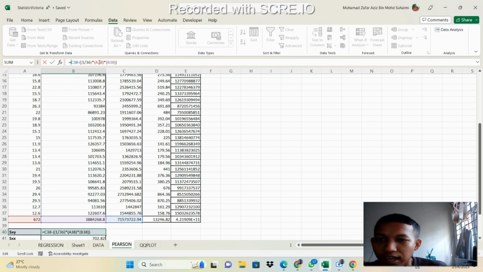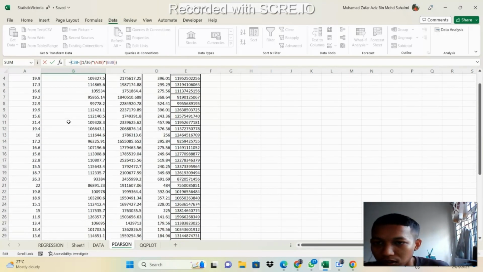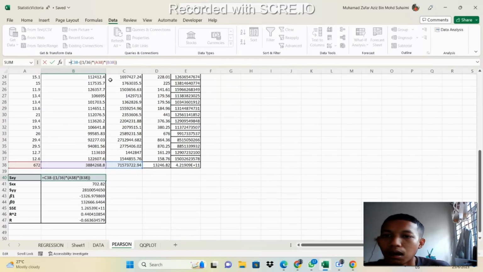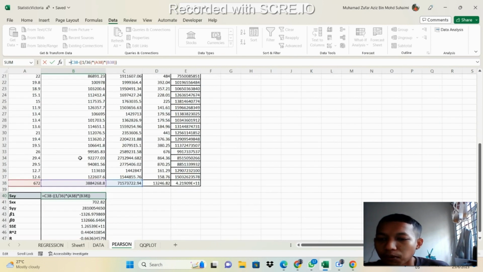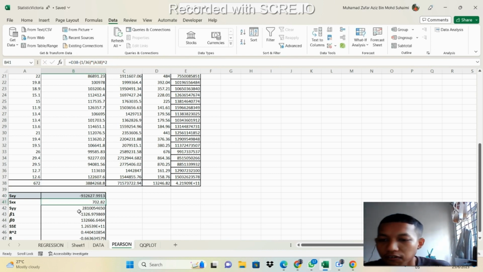Our n is 36, multiplied with the total of the X and also multiplied with the total of the electricity demand. So we get the value of negative 932.627. I'm not going to explain the other formulas. You can see them in the formula bar.